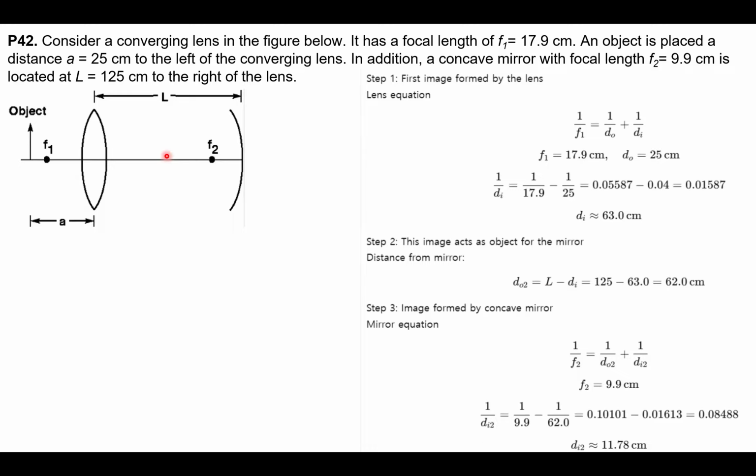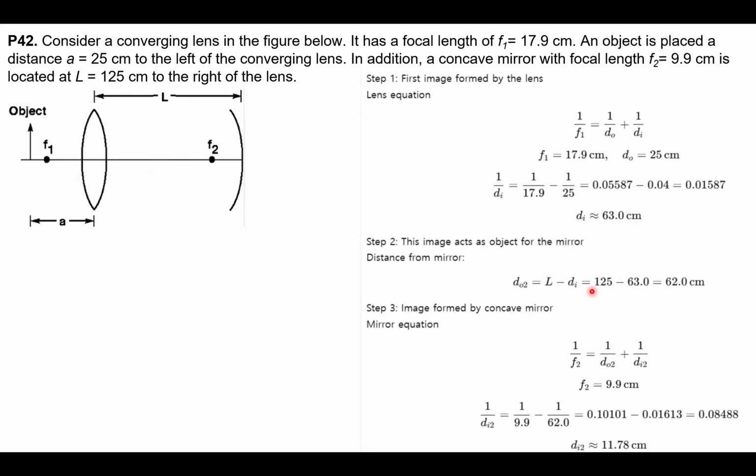Note that di is referenced to the lens, somewhere here. And then this should be converted to the object distance for the mirror, so the distance from here to here is important. So this is L minus di.